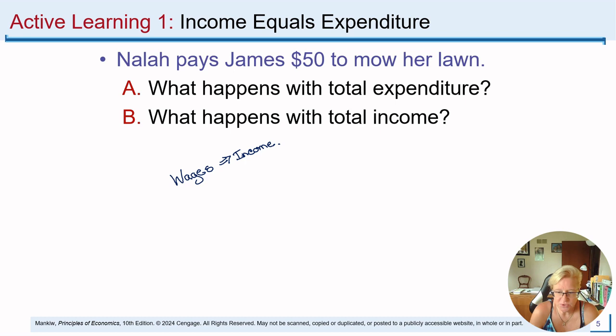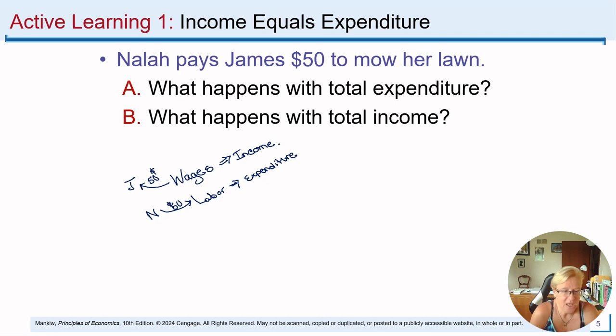We pay it for the factor of production of labor, which is the expenditure approach. Okay. Now, Nala's paying James $50, so James is receiving wages. So here's James, and he's receiving wages of $50. And Nala is paying the $50.